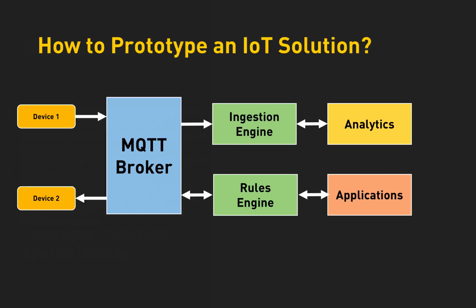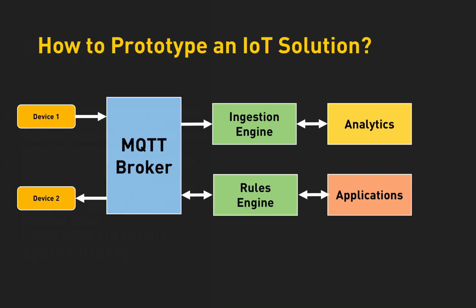On the other side of the MQTT broker, we have two more subscribers. The first one is the Ingestion Engine, which is responsible for acquiring the data that is entering the MQTT broker. We can configure that to get all the messages or filter on a specific topic and get selective messages.